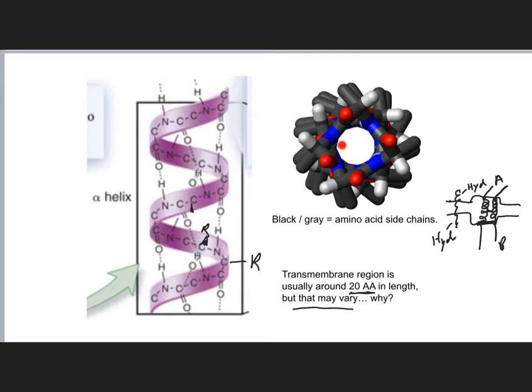You can see the carbonyls and the amine groups, amine in blue, carbonyl in red, straight up and down, but the side chains are all sticking out. We have these side chains pointing out all around as it goes. And that allows those side chains, which are mostly going to be nonpolar, to interact with the phospholipid bilayer all around it.